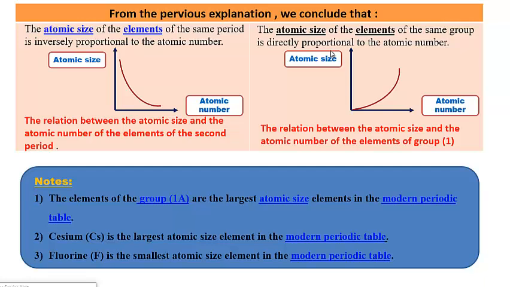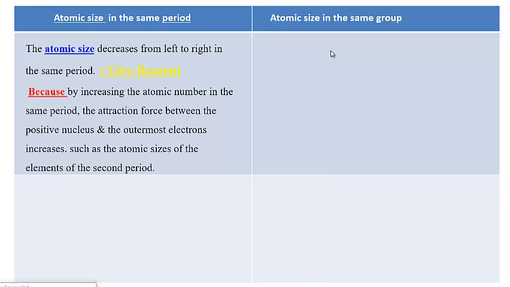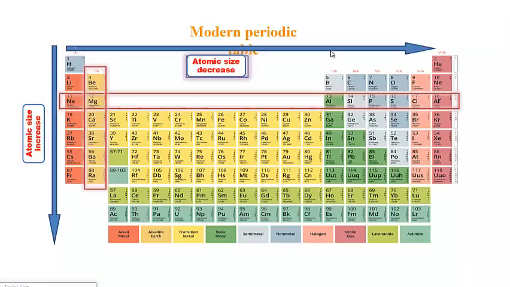Right. I have a question. Right or wrong? The atomic size in the same period from right to left will increase. Is this wrong or right? Yes, bravo. This is right.